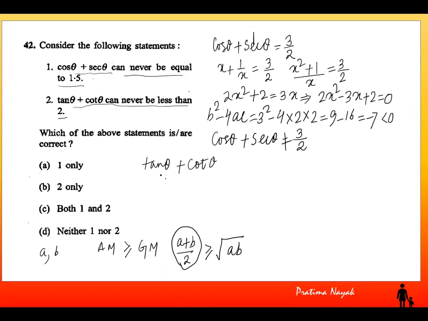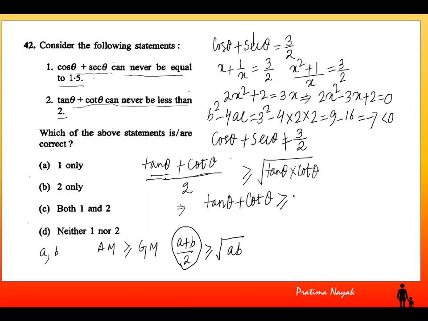Similarly, if I take a as tan theta and b as cot theta, I'll write that tan theta plus cot theta by 2, the arithmetic mean, is always greater than or equal to the square root of tan theta into cot theta. And you know that tan theta times cot theta gives you 1. So ultimately I am getting tan theta plus cot theta is always greater than or equal to 2.